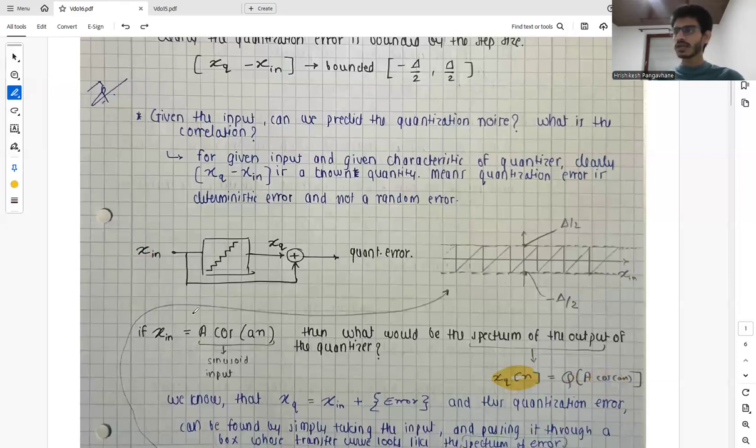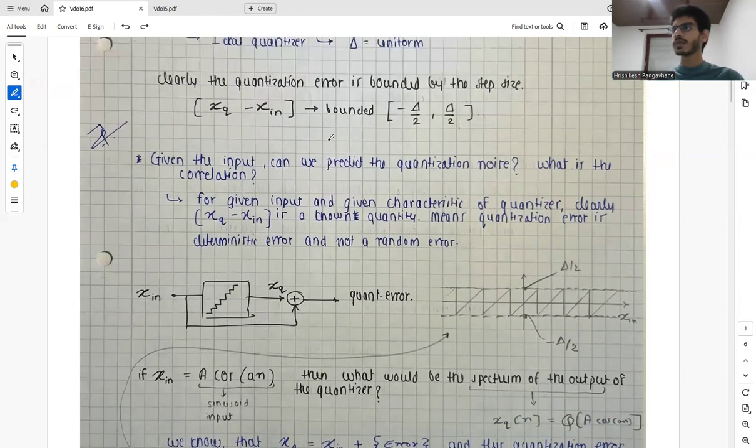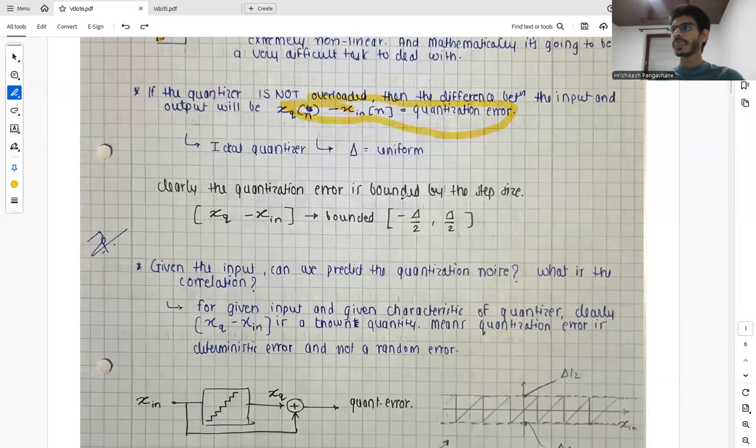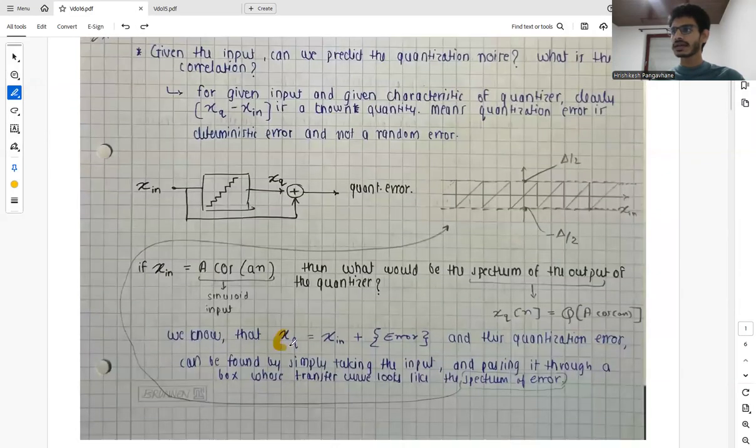So from this equation, we know that xq is basically xn plus error, because error was xq minus xn, right? So xq is nothing but xn plus error. We can look at this in another way.